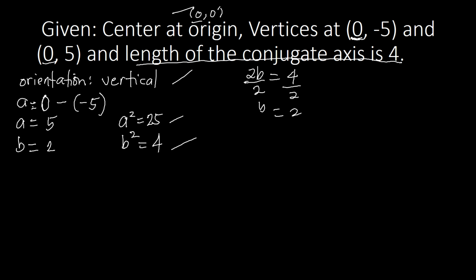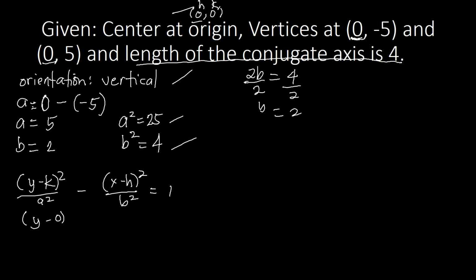Since that is vertical, we have y minus k squared over a squared minus x minus h squared over b squared equal to 1. And then plugging in, y minus our k for the center, we have that as 0, so y minus 0 squared over our a squared, which is 25, minus x minus h, which is 0, and then squared over b squared, which is 4, that's equal to 1.